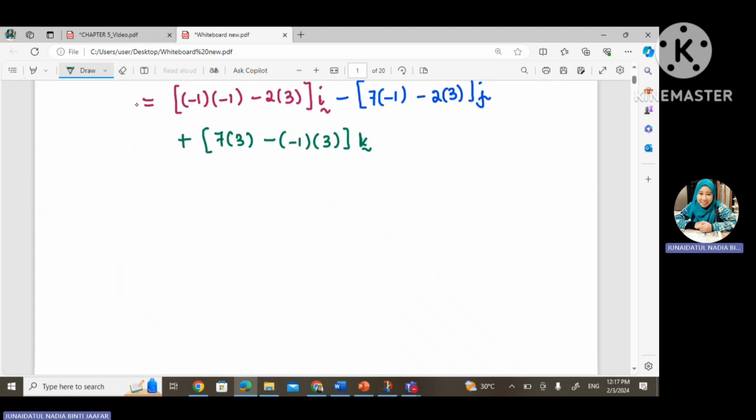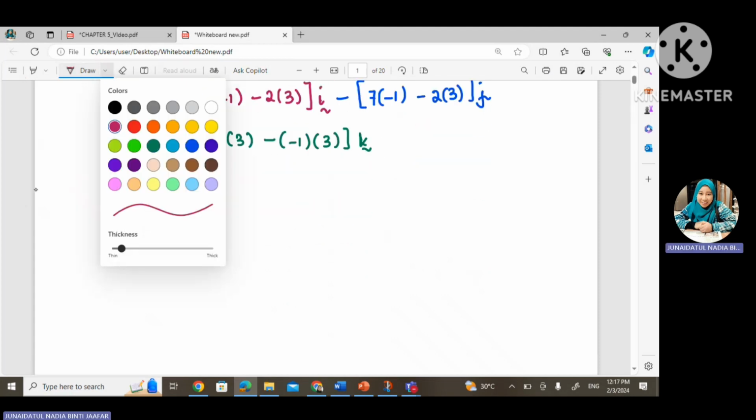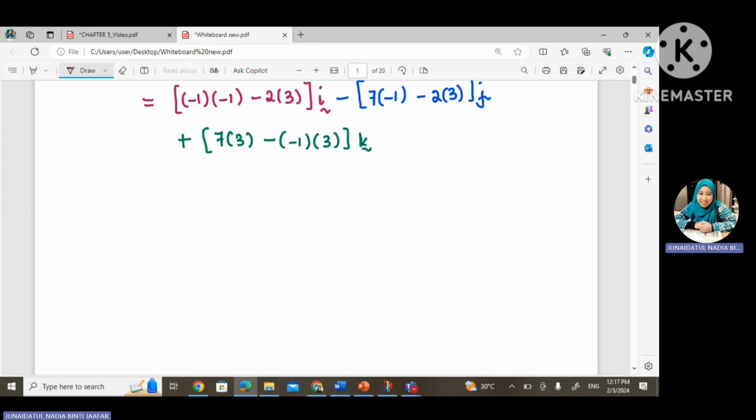Next step, we simplify the values in the brackets. Negative 1 times negative 1 minus 2 times 3 equals negative 5, and this is for i.